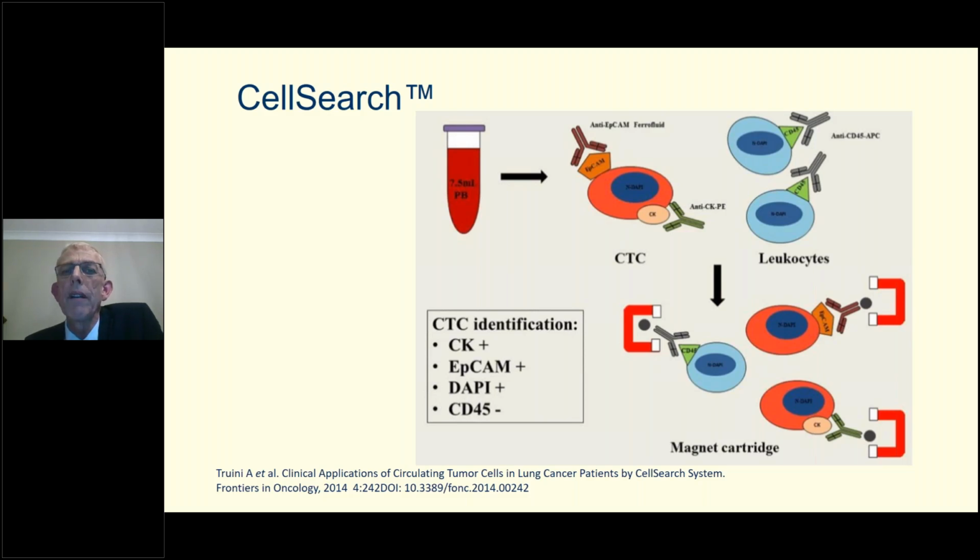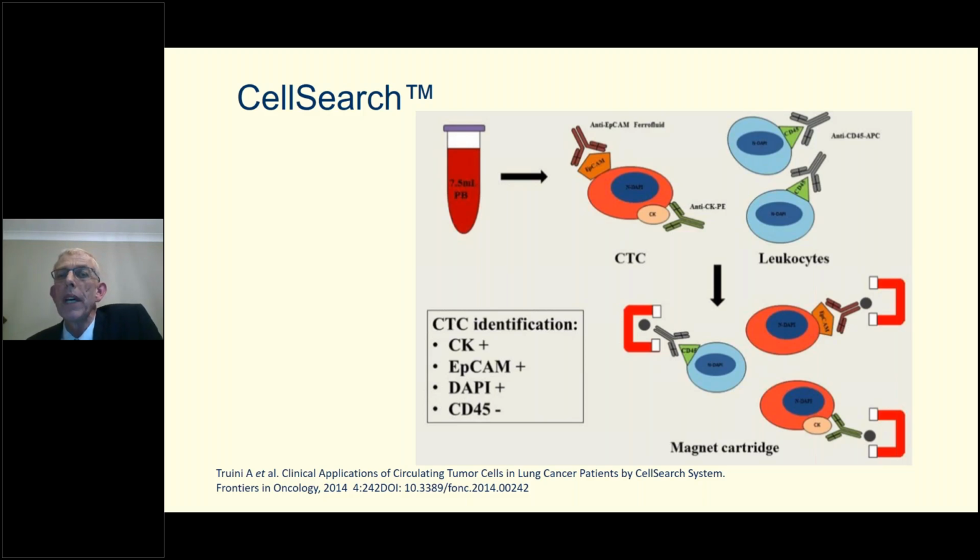And then we have antibodies that recognize EpCAM in a ferrofluid linked to a magnetic surface. So our antibodies that recognize EpCAM will hopefully capture the precious circulating tumor cells.